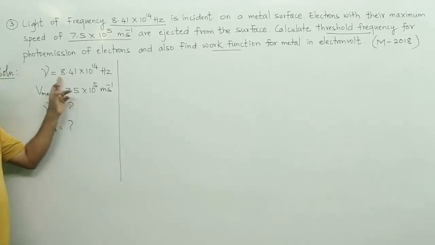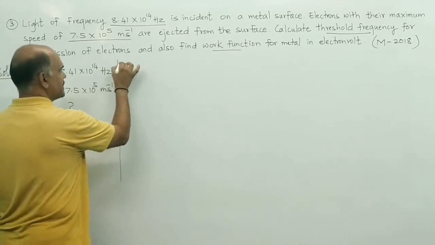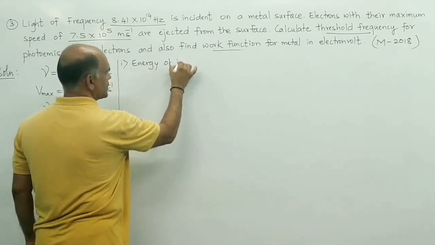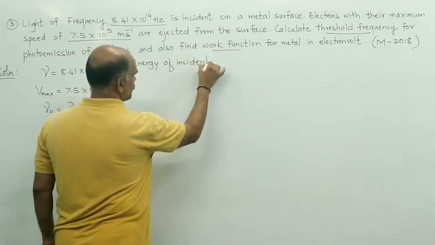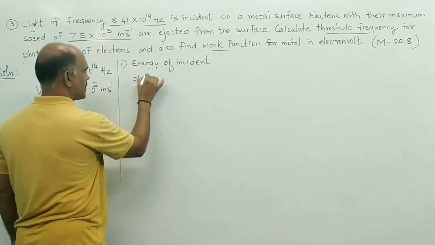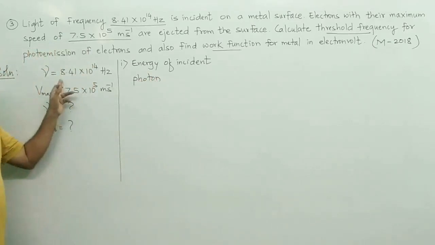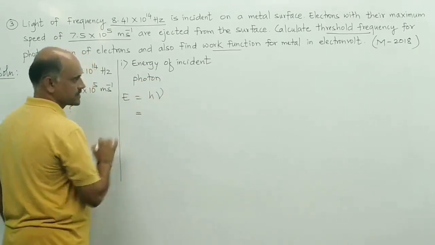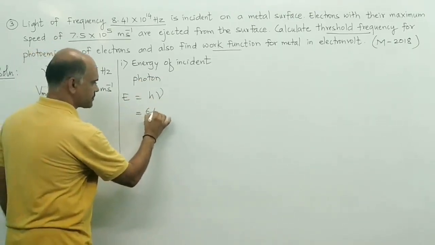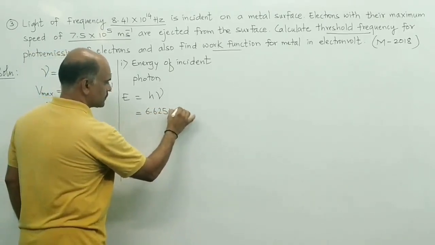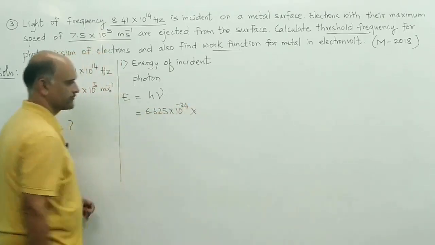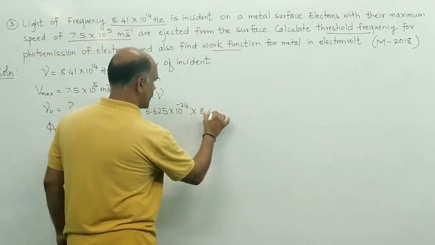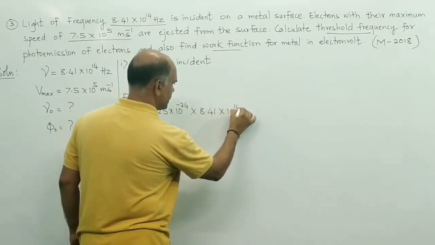We will start. So first, energy of incident photon. He has given nu. So therefore, E is equal to h nu. Substitute the values. 6.625 into 10 raised to minus 34 into frequency, which is 8.41 into 10 raised to 14 hertz.